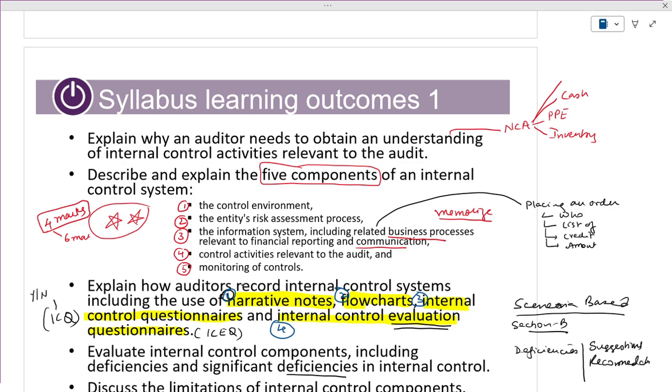in terms of property, plant and equipment, then what will happen? What is the control environment? It has to be placed at the board of directors level. We will assess the risk assessment process, whether the order has been placed by the board. These are the points which you have to make in the answer.